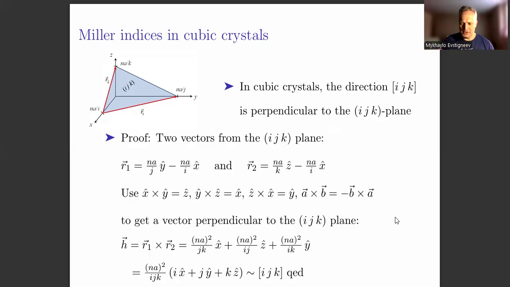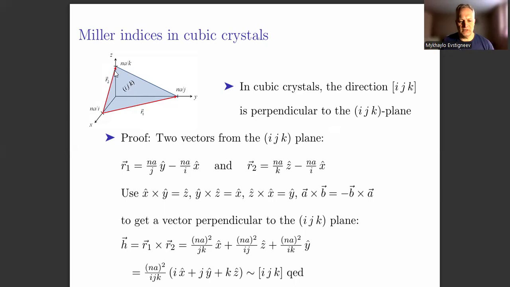And on this slide, I want to convince you why it is so. So let's say you have a cubic crystal. The translation vectors are aligned along the Cartesian coordinate axes x, y, and z, which are perpendicular to each other.